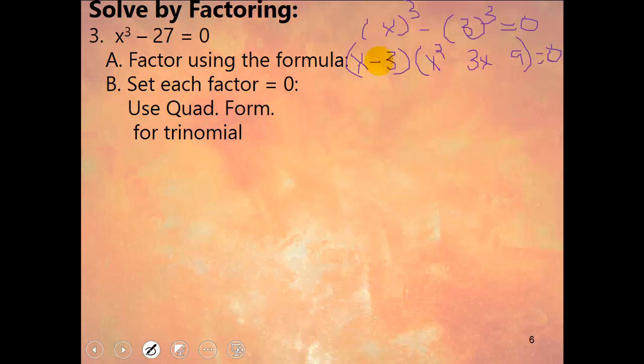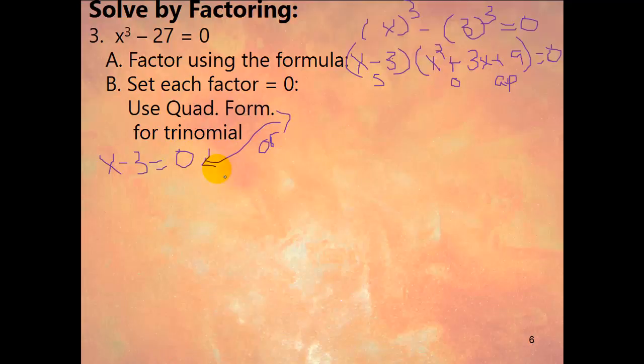Same, opposite, always positive. That's what we learned before. Now we're going to use the zero product property that we learned back in chapter 5. Okay? If these two things are equal to 0, that means that x minus 3 can equal 0, or x squared plus 3x plus 9 can equal 0.